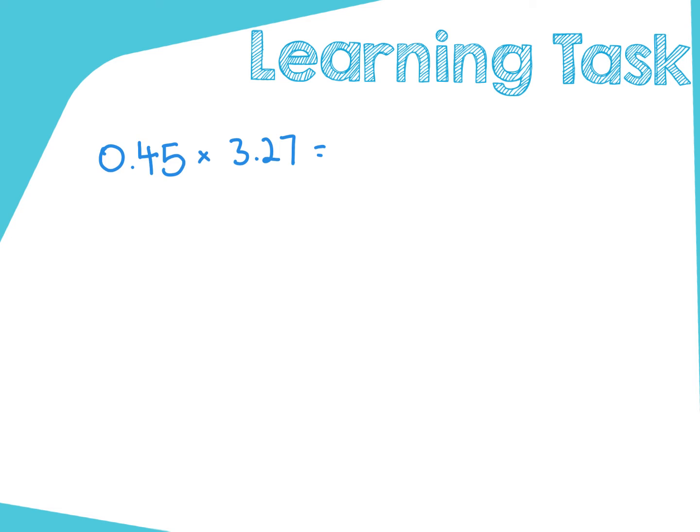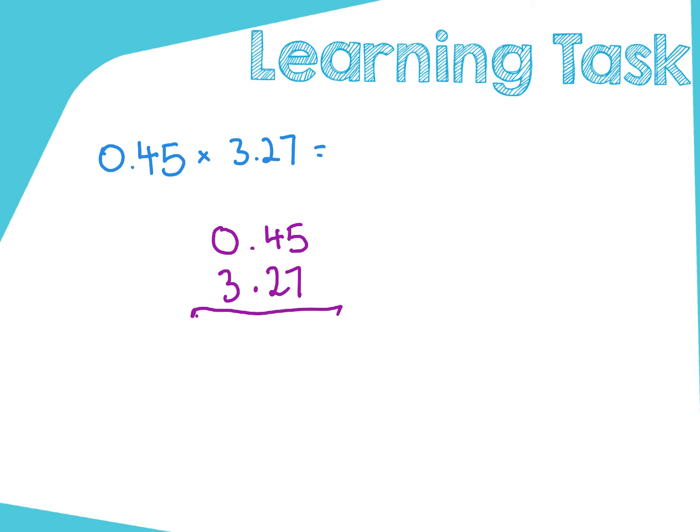So straight away, I'm going to write 0.45, and I'm going to keep my decimal point below it, and I'm going to say 3.27. All right, and then I draw a line underneath. Now I'm timesing by 3 digits in this one. We're going to look at that a little bit more carefully, but let's just get on with calculating this first.